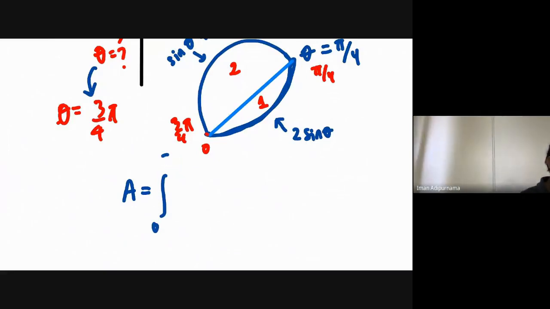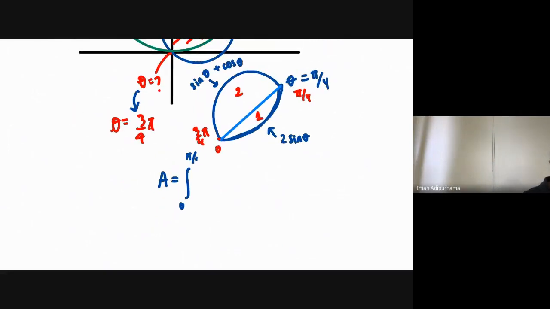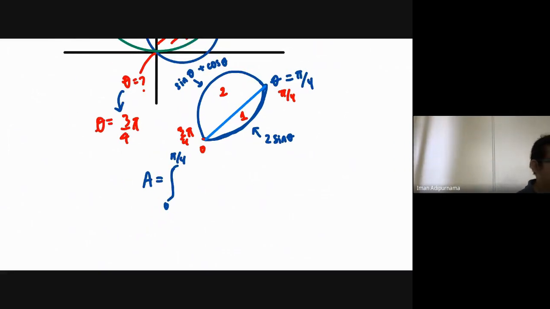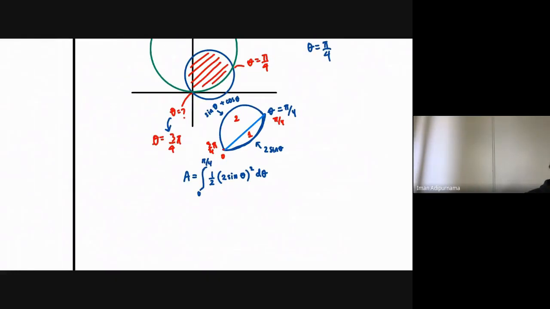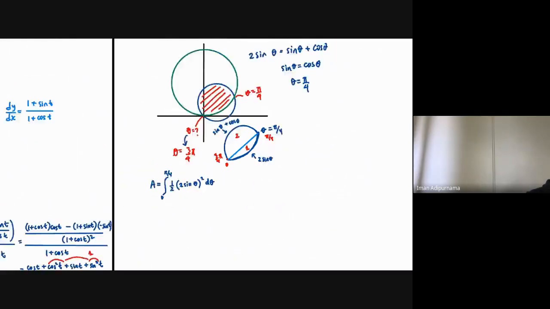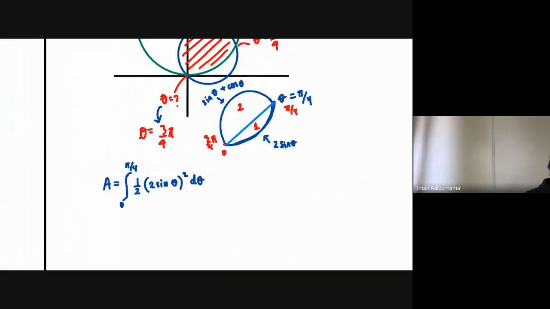Let me make it bigger. So it's 2 sine theta. So the area will be half, and then 2 sine theta squared d theta. And then plus the area 2 from pi over 4 to 3 over 4 pi.